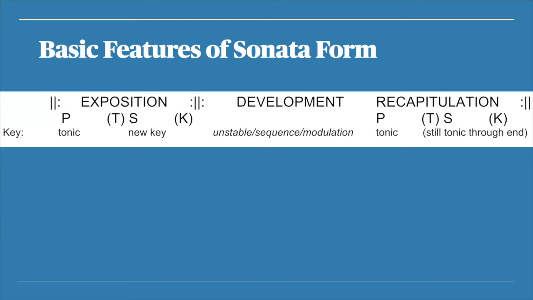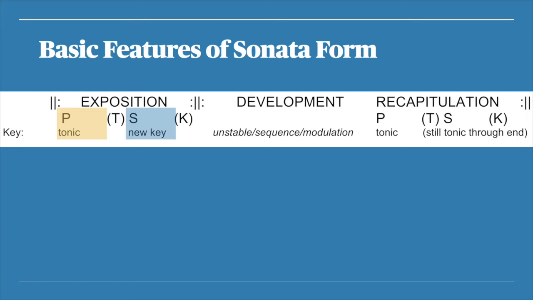One is called the primary theme, and we denote that with a capital P, and the other is called the secondary theme, which we denote with a capital S in our analyses. What's interesting about these two themes is that they are in two different keys. So we have harmonic or tonal contrast.